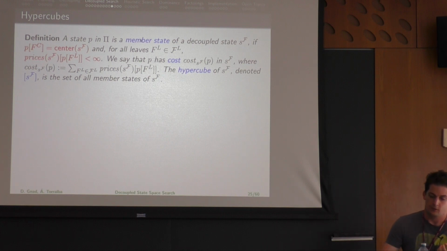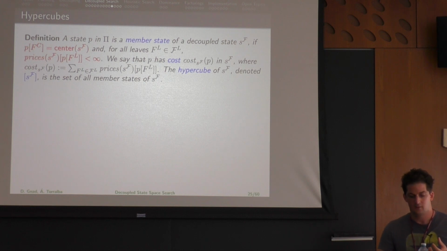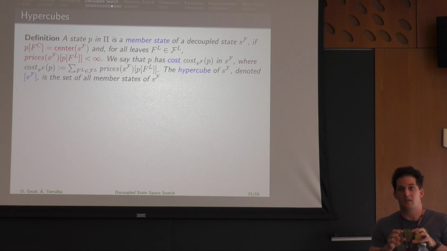So we call an explicit state, a full assignment to all variables, a member state of a decoupled state if the assignment to the center variables equals the center state of SF, and for all leaf factors, we have a leaf state whose price is finite, so a reached leaf state, such that the assignment to the leaf variables is exactly that of our state P.